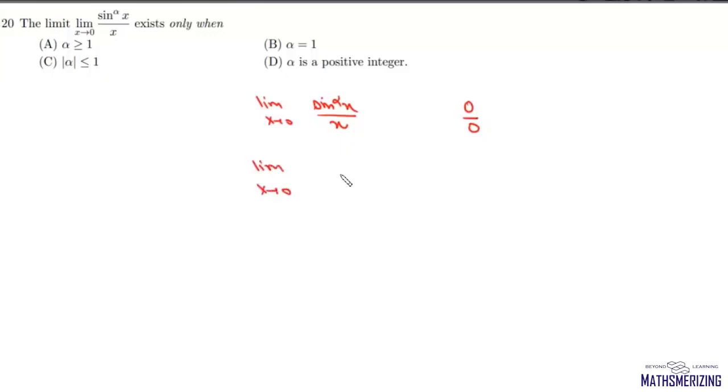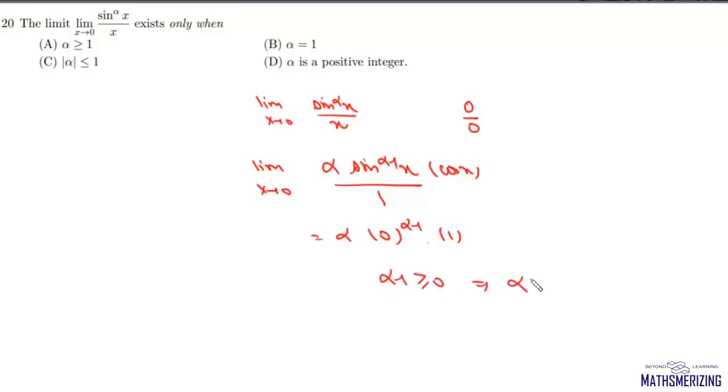We can write limit x tends to 0 of alpha sin x to the power alpha minus 1 into cos x upon 1. So it'll be alpha 0 to the power alpha minus 1, and then cos 0 will be 1. Now this limit will exist when alpha minus 1 is greater than or equal to 0. So this limit will exist only when alpha is greater than or equal to 1 and that's your option A.